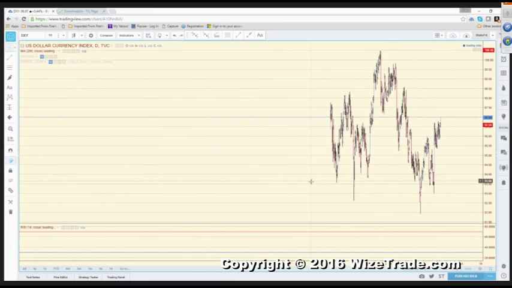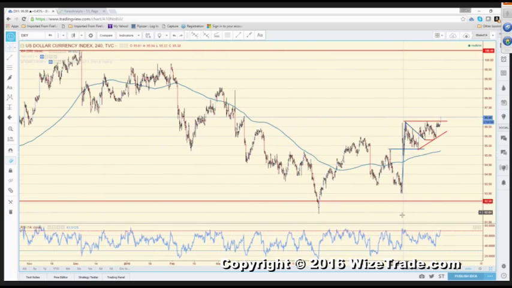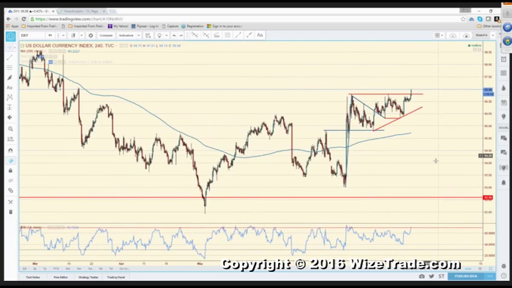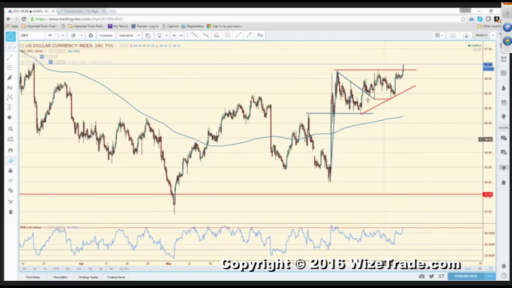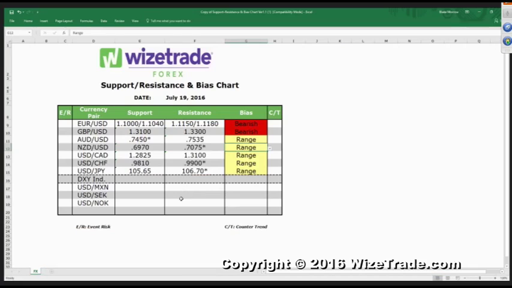Okay, so here's the dollar index, and yeah, the dollar index is seeing a bullish breakout here. Remember our wedge? Yeah, it's breaking out. So now we have to figure out where resistance is here. Resistance is 97.07, so I'll write down 97.10.